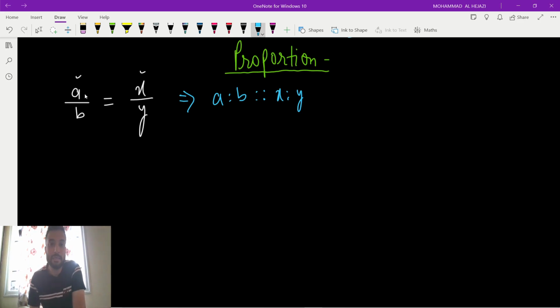So remember the thing. In the ratio what we know is that these two quantities should be of the same kind and same unit. The same thing will follow in proportion.